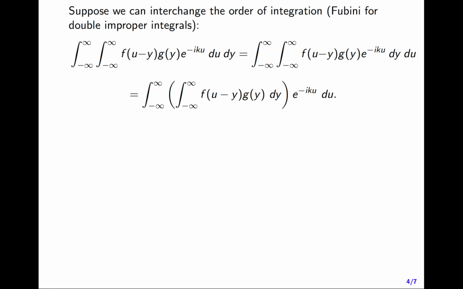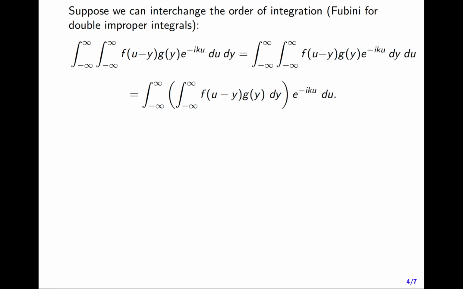What does that mean? I can pull out this u-dependent exponential from this inner y integral. So I have the integral from minus infinity to infinity, integral minus infinity to infinity, f of u minus y, g of y dy, and then e to the minus iku du. And if I stare at this a little bit, the inner integral, the dummy variable is y, and u is an independent variable.